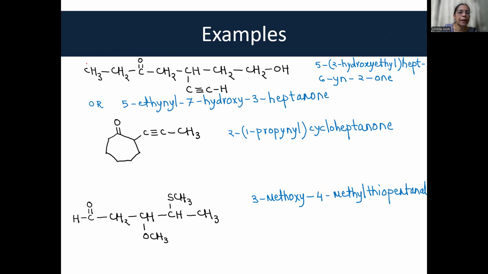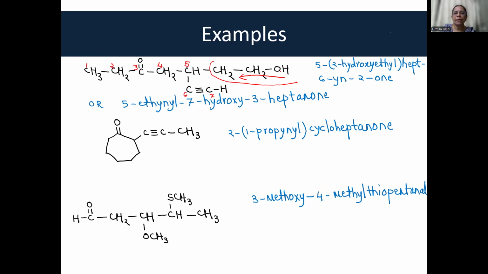Let us start numbering 1, 2, 3, 4, 5. After 5, you can number in 2 ways. First way is to include this 6 and 7. If you do that, what happens? This becomes a substituent.